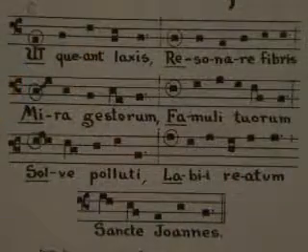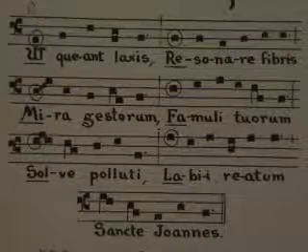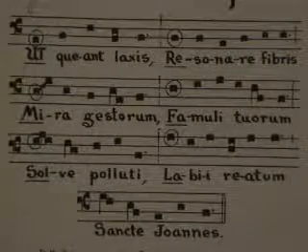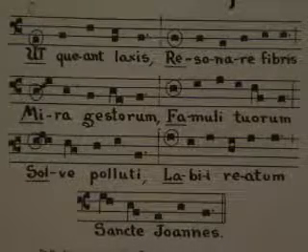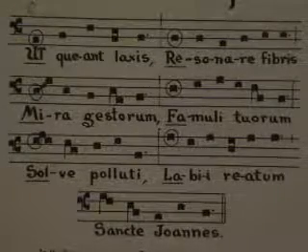Note names? With the words. From the beginning.